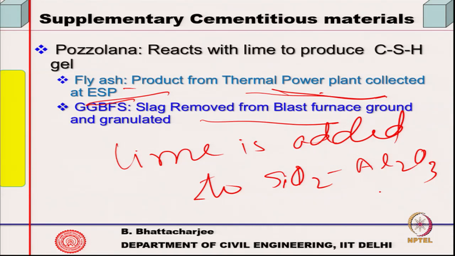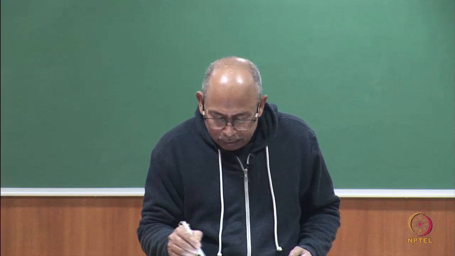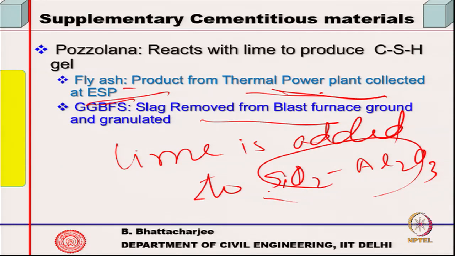Now, iron is very heavy, 7.85, molten iron. So, this lime and the impurities in the hot condition form a slag and float over the molten iron.